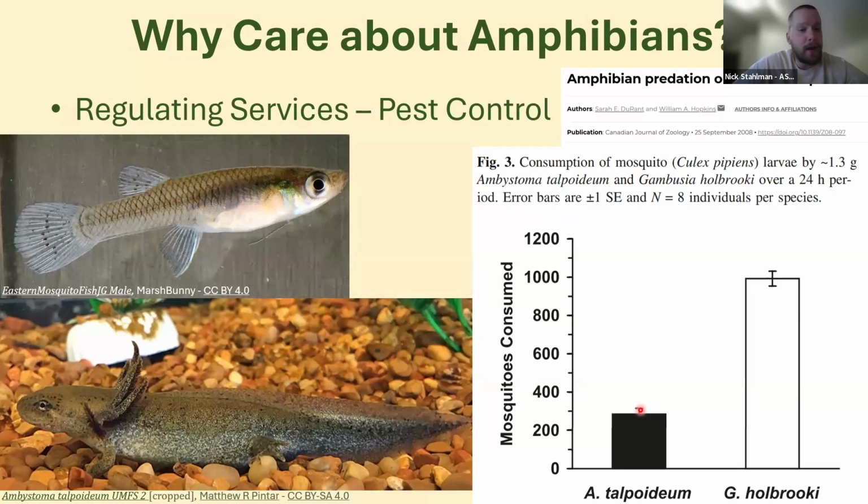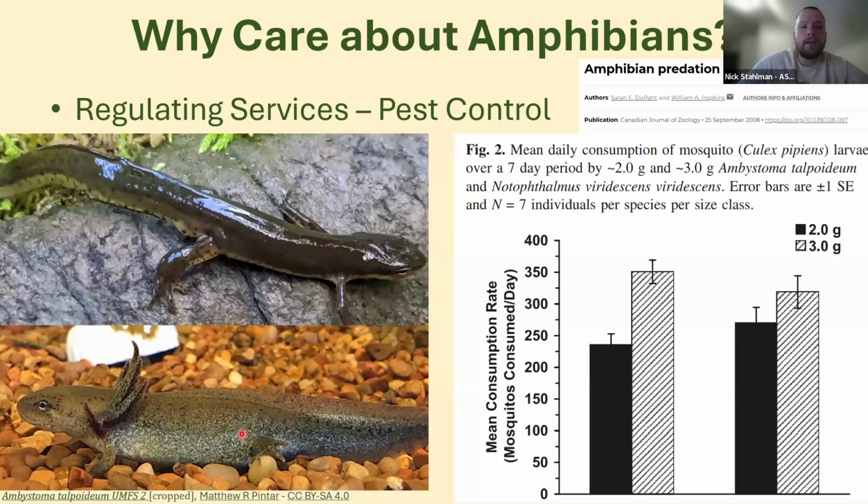In a lot of those environments, the mosquitofish is now considered an invasive species and has caused other issues. And even though the salamanders didn't necessarily match the Gambusia, each one was capable of eating 200 to 400 mosquito larvae per day per individual.